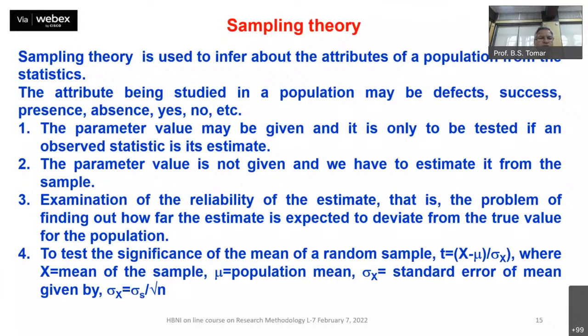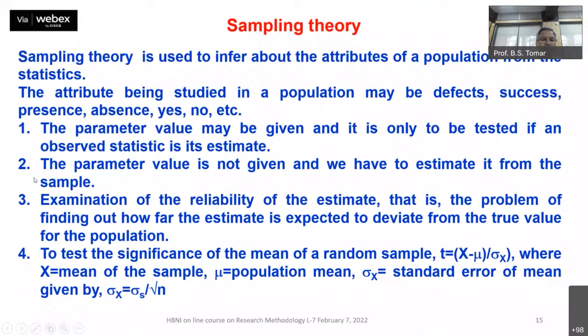You want to know whether this X is an estimate of mu or not. That is the problem you have to solve. In the other case, you are not given the mu value, but you want to derive it from the X value. So X is the sample mean and mu is the population mean.